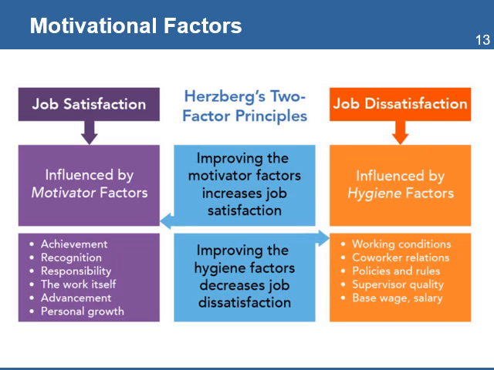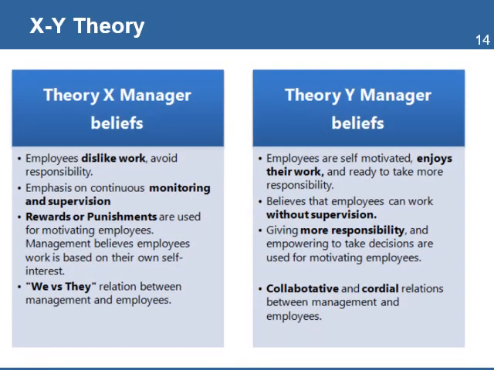These factors, when they are absent or inadequate, can increase dissatisfaction. Herzberg found that people feel motivated to work mostly by feelings of personal achievement and recognition and less on salaries, supervision, or work environment.